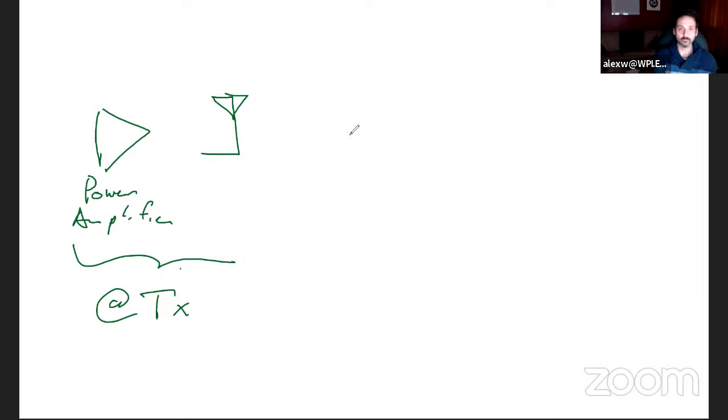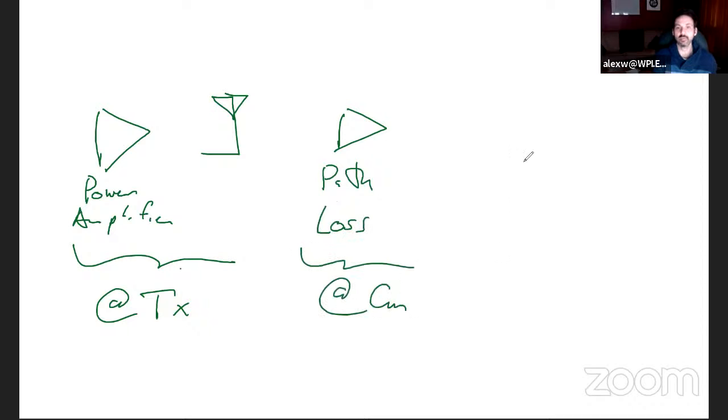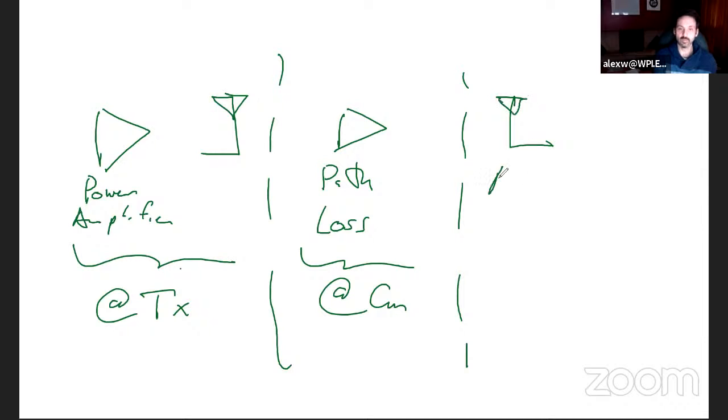In the channel, you've got the path loss. And then at the receiver, you have the antenna again. Antenna.